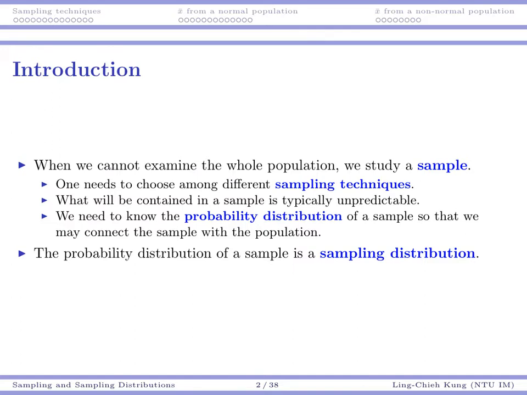And then we need the idea that the sample is unpredictable. Typically, when you sample, you do random sampling, okay? And you cannot predict what's going to be included in your sample. So your sample has a probability distribution that is really required for us to connect the sample with the population.